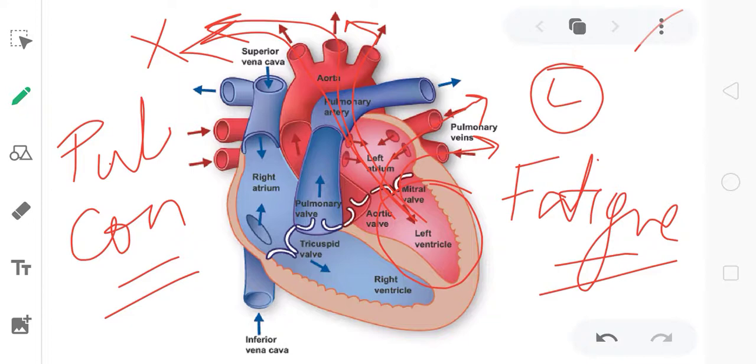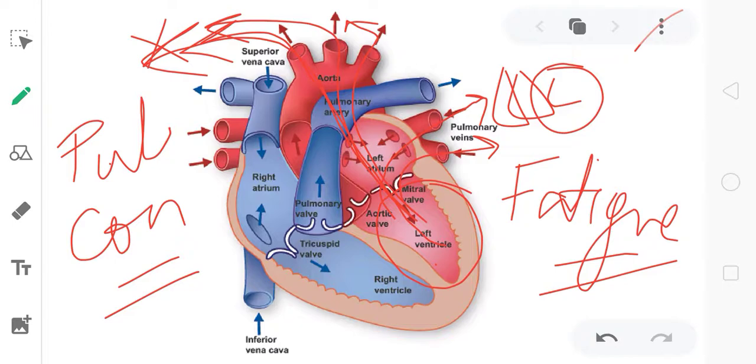So these all are the features of the congestion of the lungs because of the less contraction or failure of contraction of the left ventricle and the less oxygenated blood flow in the body. Hope you are clear about the anatomy, pathophysiology and the symptoms of left and right heart failure. So in brief, in right heart failure, there will be circulatory congestion.